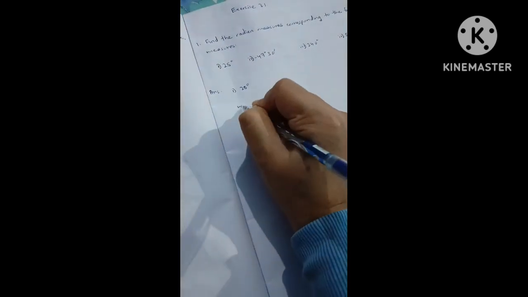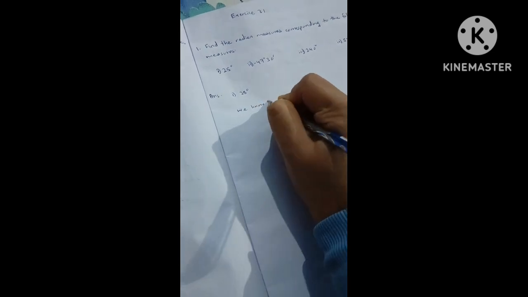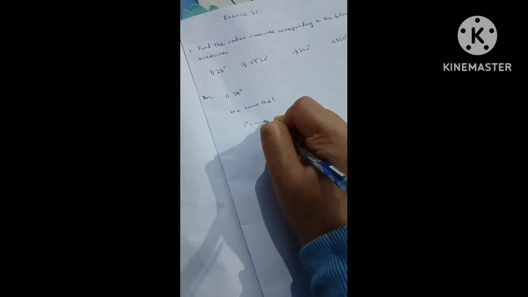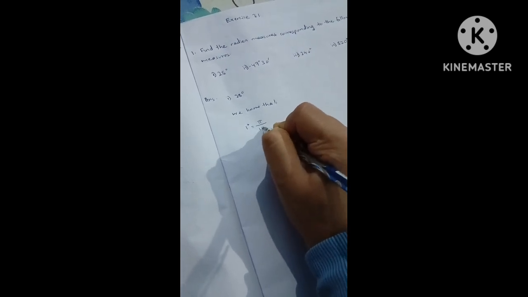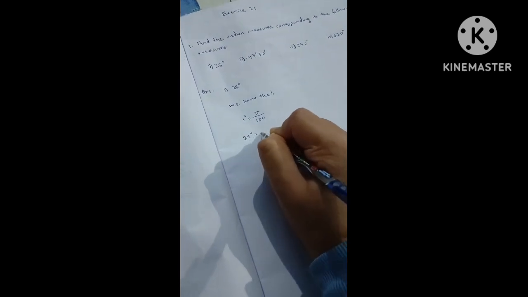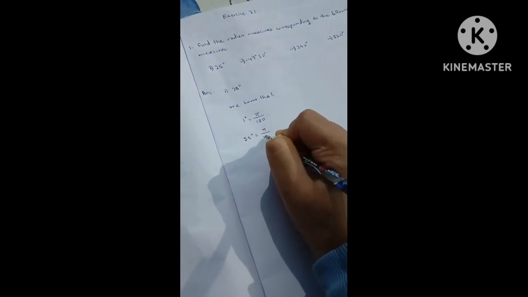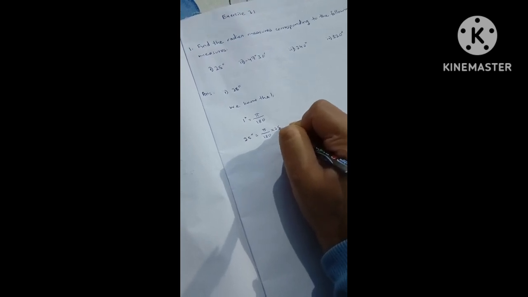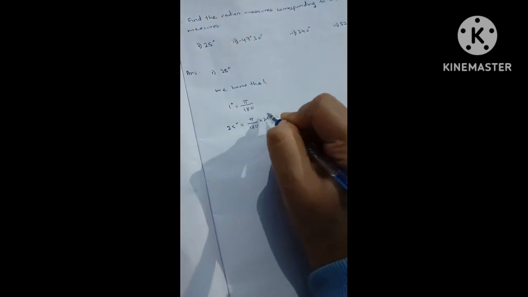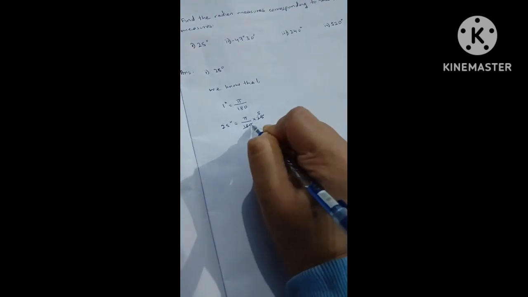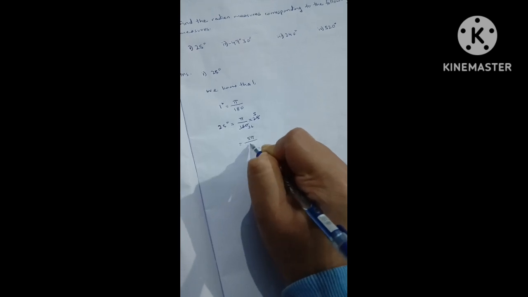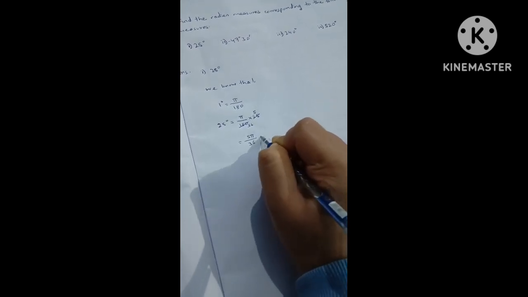So we know that 1 degree equals pi upon 180 radian. So 25 degrees equal to pi by 180 into 25. So solving this we get 5 pi by 36 radian.